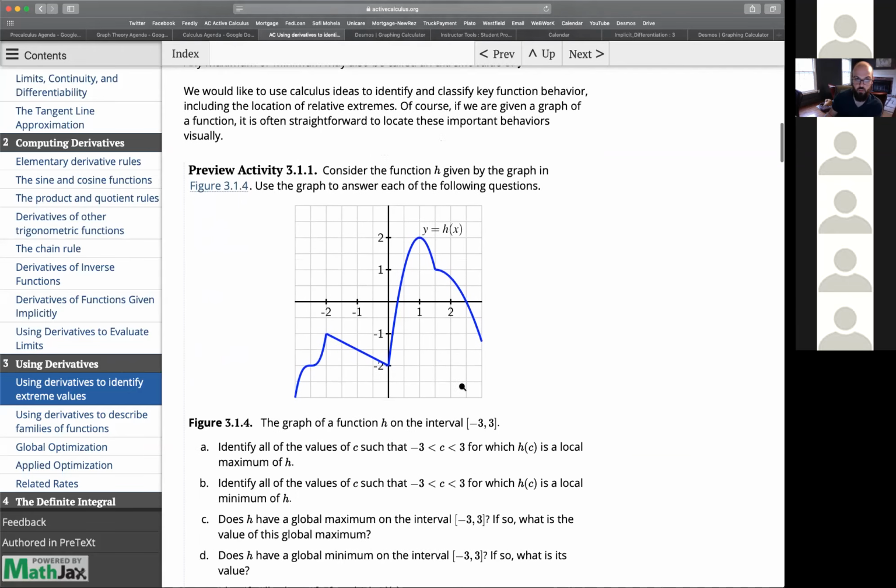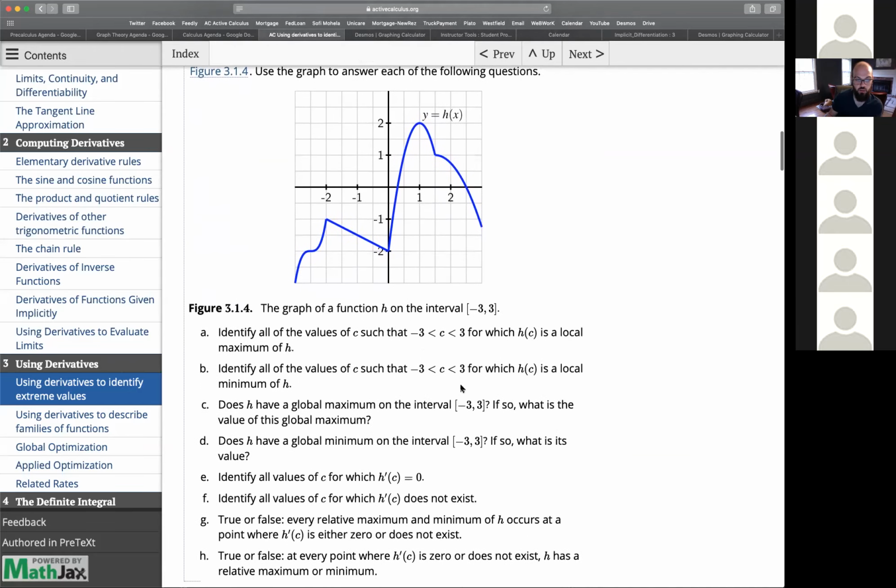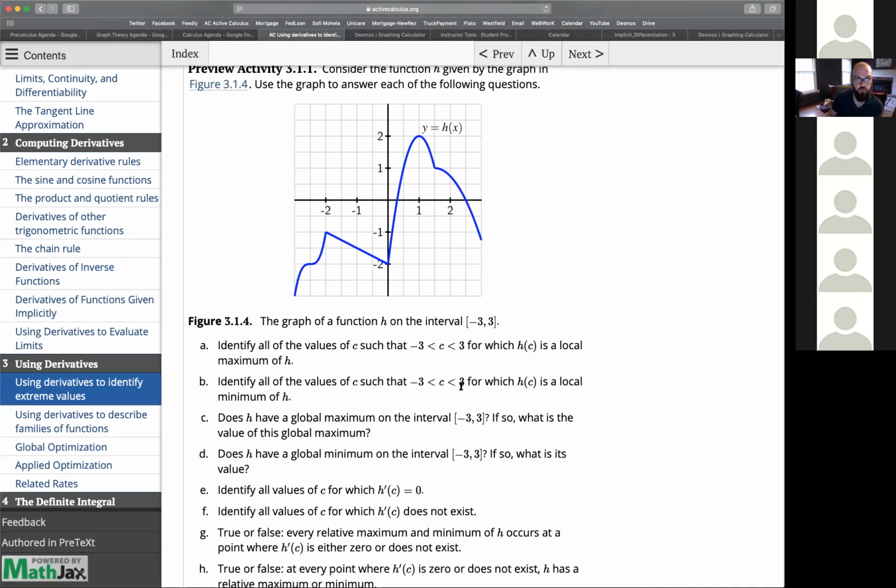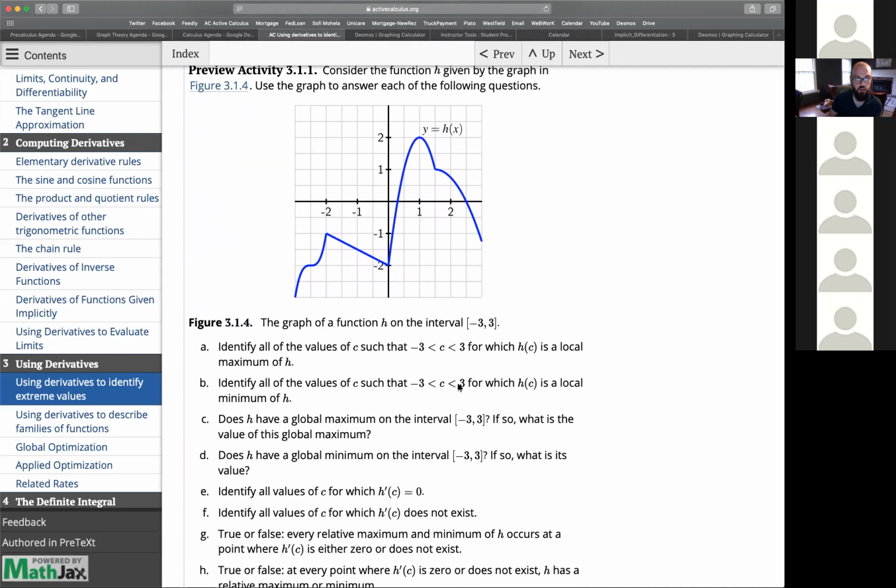Okay. So what I want you all to do is think through this preview activity 3.1.1. Let's take 5 minutes. We have 6 people, so we'll break off into 3 and 3, and talk in a small group through these A through H. We're going to identify where we find local and global maxes and try to come up with some conditions for when they would exist.